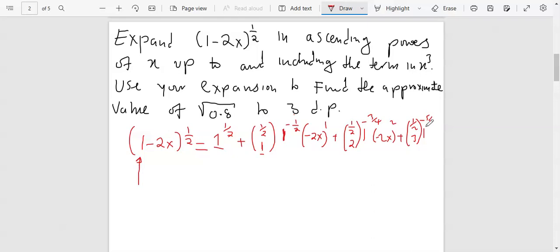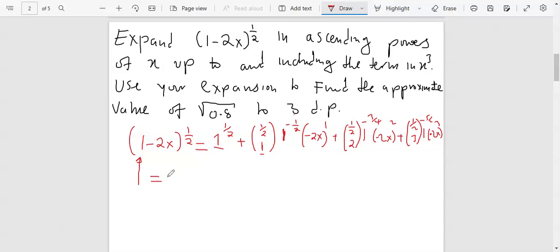And then whatsoever was the second term, which is a negative 2x, the 3 becomes the power. So I'll just end at power 3 since we just want the term having power 3. Okay. And then from here we'll get to simplify.